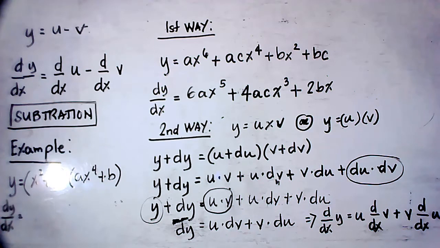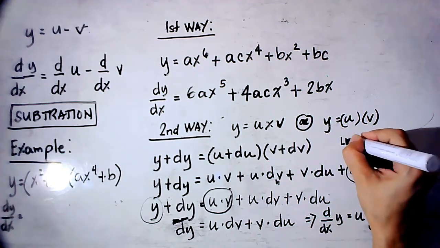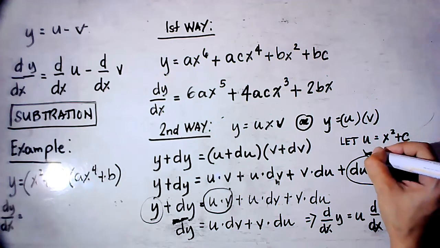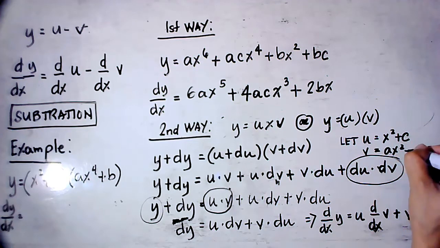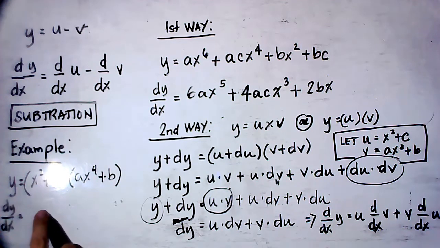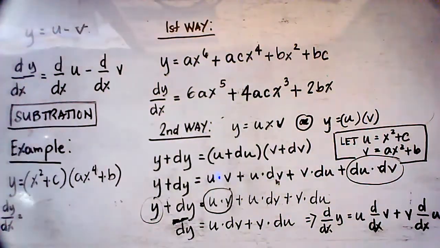So that would mean if you are going to let u is x squared plus c, while v is equals to ax to the fourth plus b, according to our example, then we can make use of this formula for the process for determining the derivative of the product.